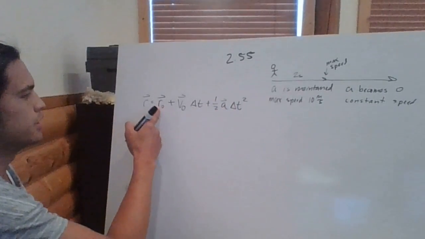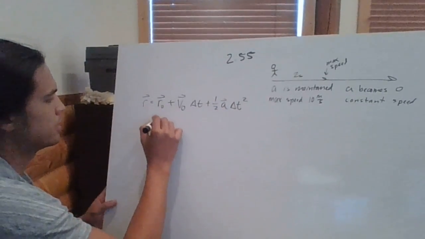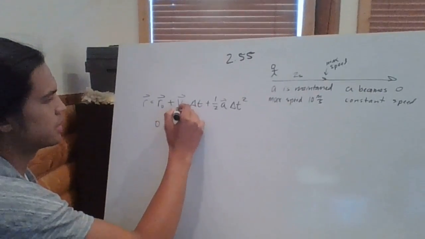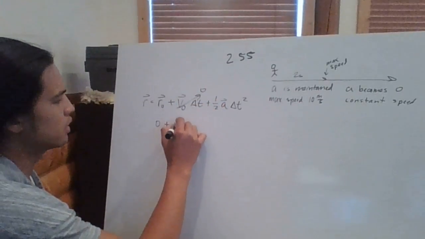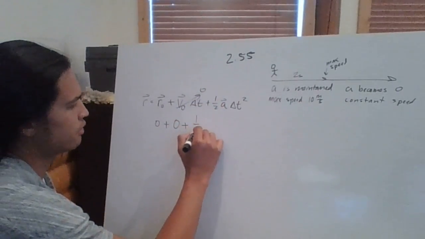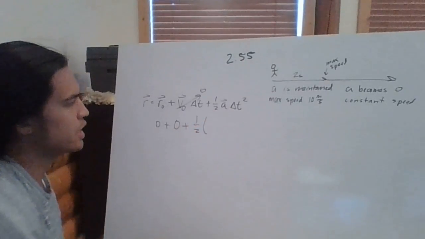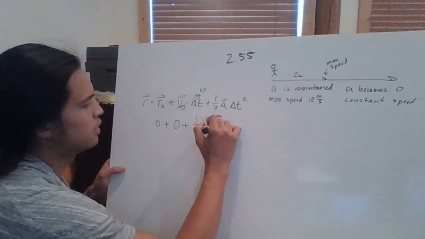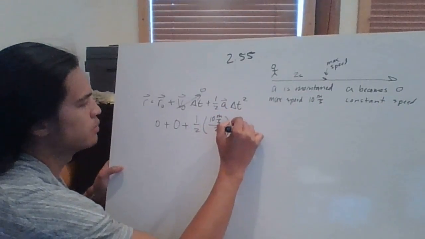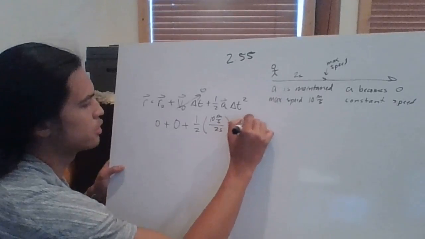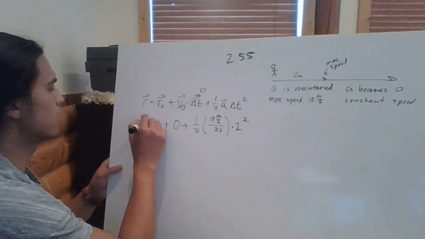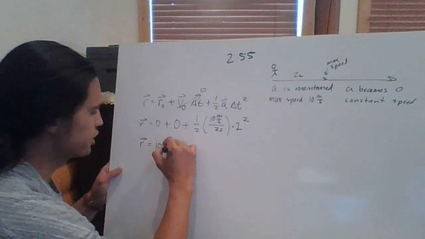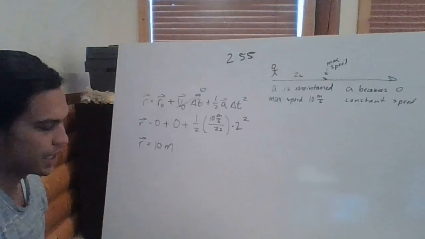So his initial starting position is 0, his starting velocity is 0, and 0 times time changes to a 0, plus 1/2, and his acceleration is change in velocity over time, so 10 meters per second over 2 seconds times the 2 seconds squared. And that'll give you 10 meters.